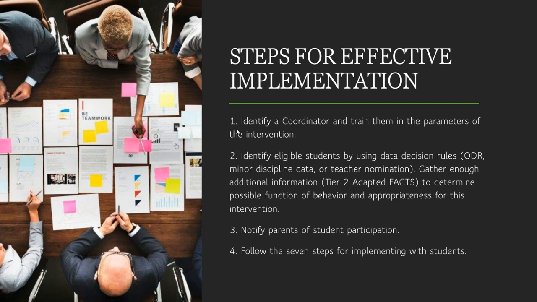And identifying the function of the behaviors and if self-monitoring is an appropriate intervention for a particular behavior. The next thing, of course, is we always have to notify the parents that their child would be participating in this intervention and help them understand their role in supporting this intervention. And then we're going to go back and follow those 7 steps that we just discussed in implementing the intervention.